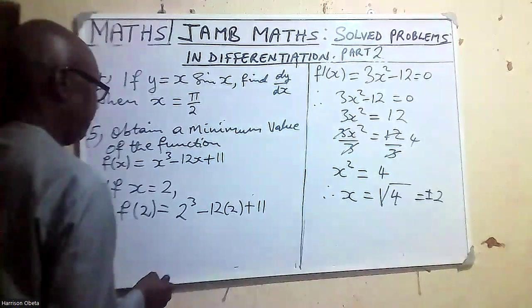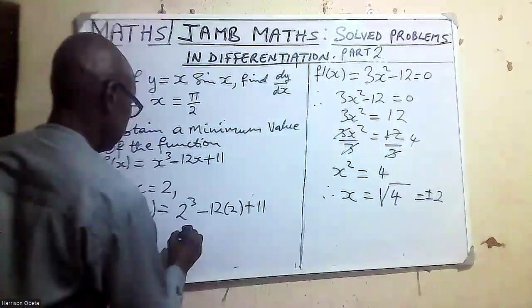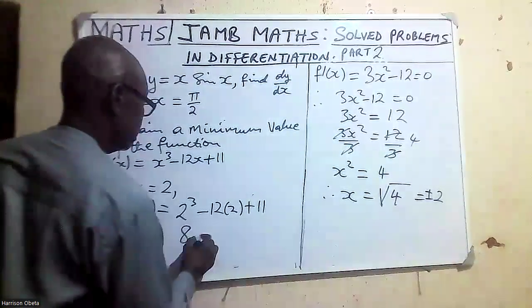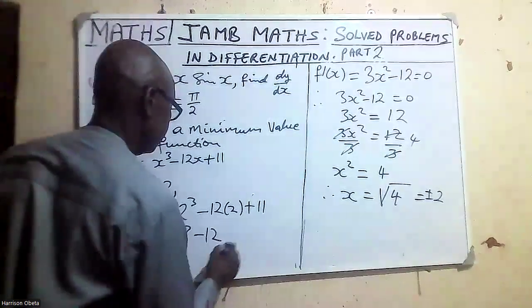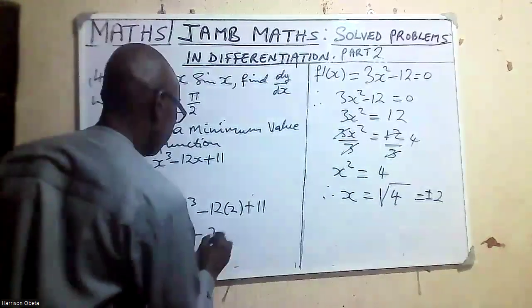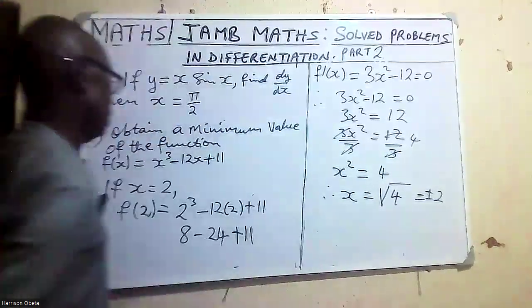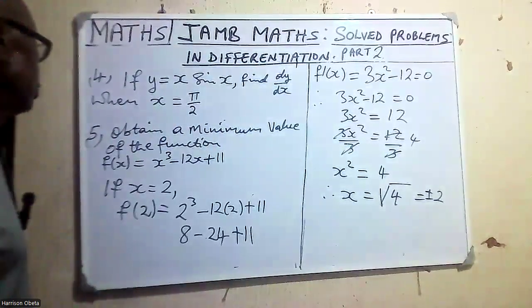That will give us 8 minus 12, sorry, 8 minus 24, then plus 11. That's 12 times 2.